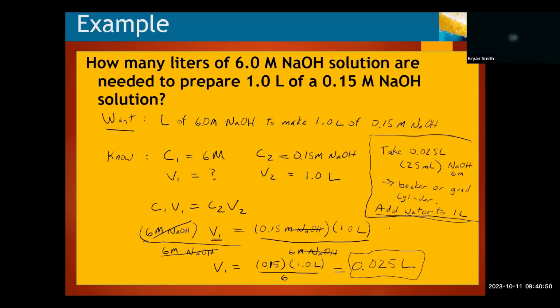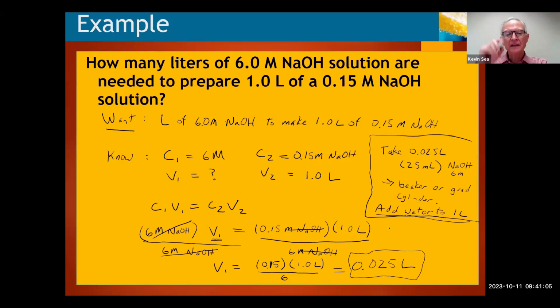The target volume depends on what you're trying to make, because if it's weight over volume or mass over mass... but in this case we're just talking about a molar concentration. It doesn't have anything to do with mass over mass. There are 4 ways of expressing concentration, one of which was molar.